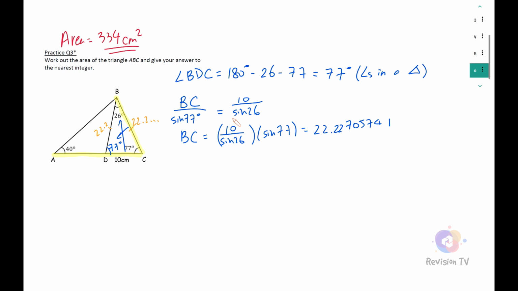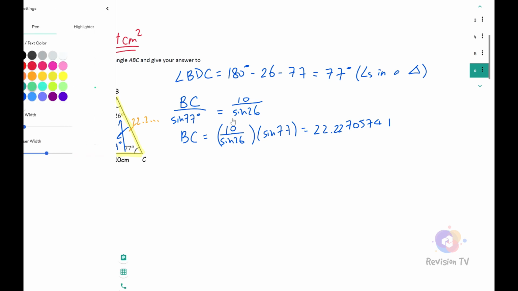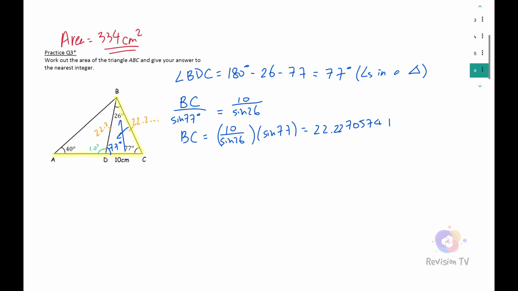I've got BD. Next thing I need to work out is the length of AD. To work out the length of AD, I know this angle is 103 degrees. So angle BDA, I'm going to use a different color to show you a different stage of working. So angle BDA is 180 degrees minus 77 degrees, which is 103 degrees.